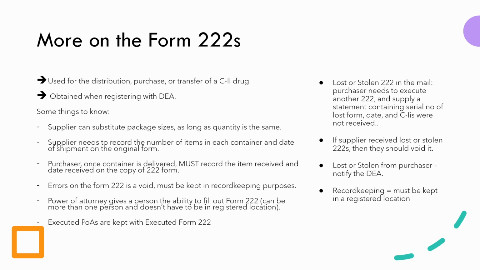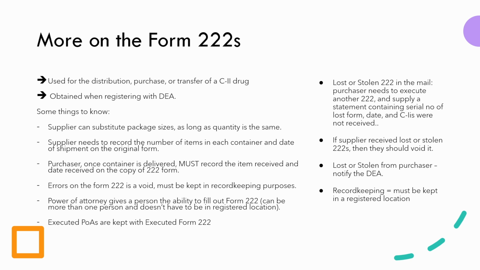Some things to really know when it comes to Form 222: the supplier can substitute the package size. So for instance, you've ordered oxycodone, and you've ordered 200 count of those oxycodones, but the NDC that you put on that Form 222 is a certain one.